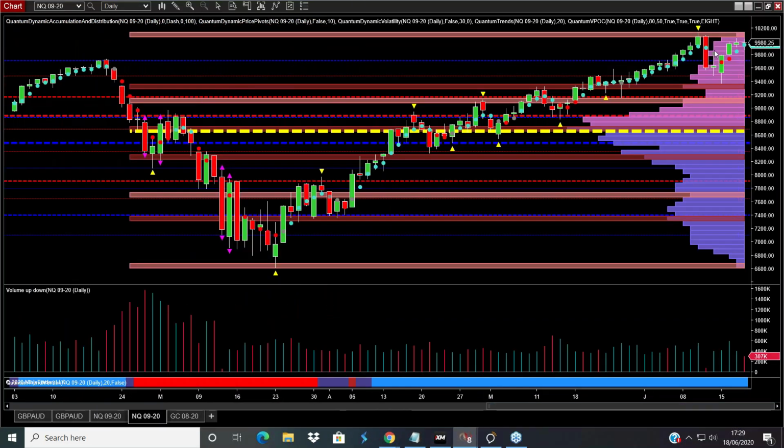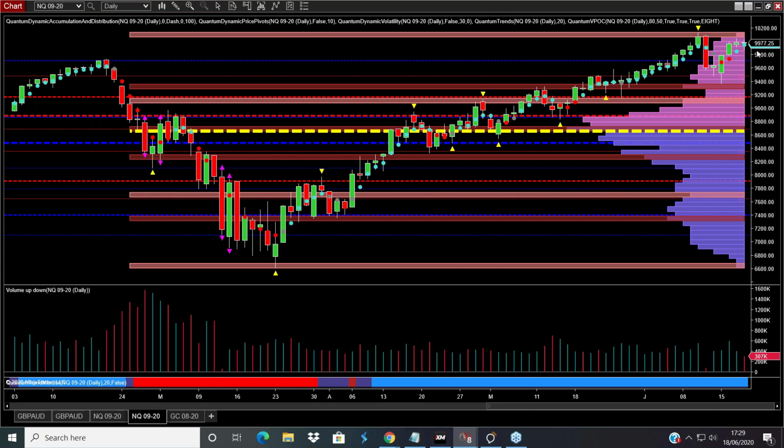We could see a congestion phase develop in this range here. We've had the all-time high, it's wanting to get back to the all-time high, but before it either carries on higher or maybe it reverses, we will get a congestion phase.